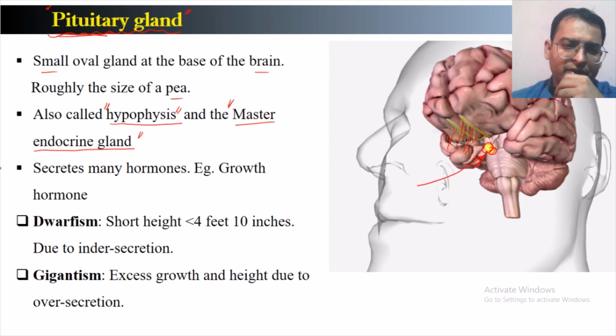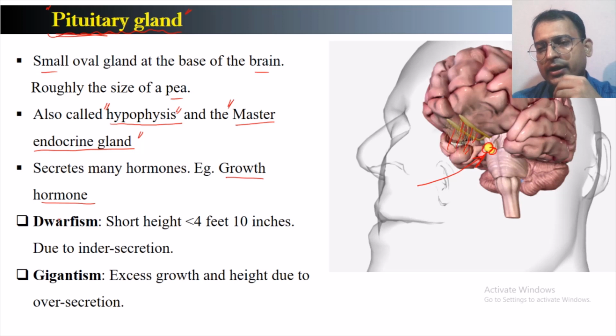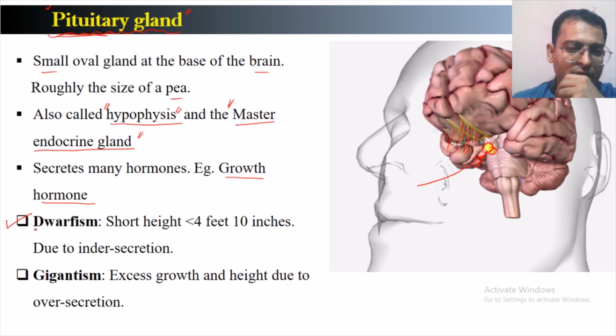It secretes many hormones. Among them, one of the important hormones is the growth hormone. If the pituitary gland is not able to secrete a sufficient amount of growth hormone, it results in a disease called dwarfism.